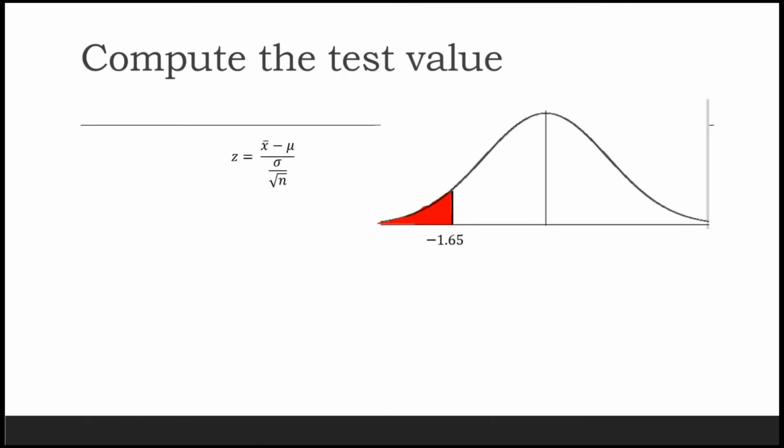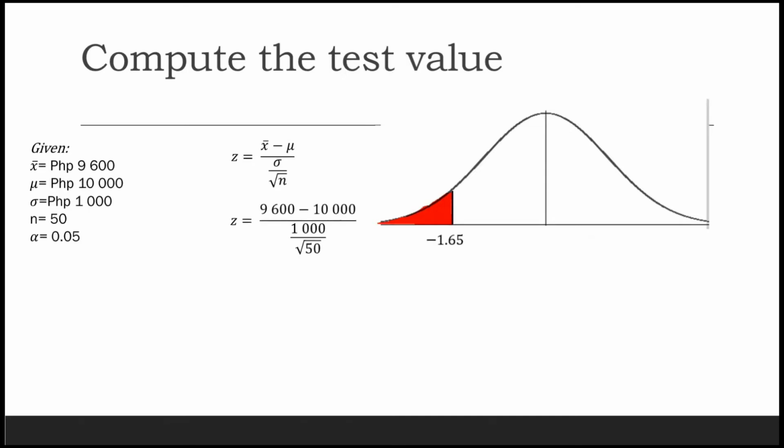So, to compute the test value, we will use the z-test, which is sample mean minus mean divided by the standard deviation over square root of n. So, the given is 9,600, which is yung sample mean natin, minus natin sa 10,000 over the standard deviation, which is 1,000, and then divided by square root of n, which is 50.